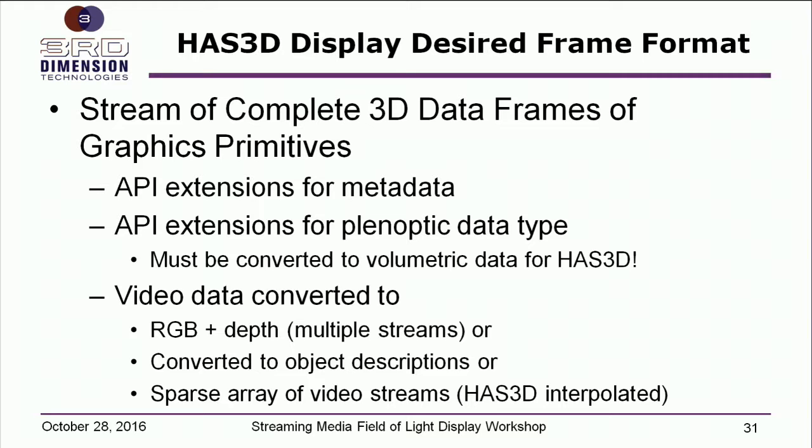We'd like to have API extensions for the metadata. For plenoptic data type, we thought that an API might be needed to handle that and convert it to volumetric data for HAZ3D. Video data, we see 3 ways to handle that.